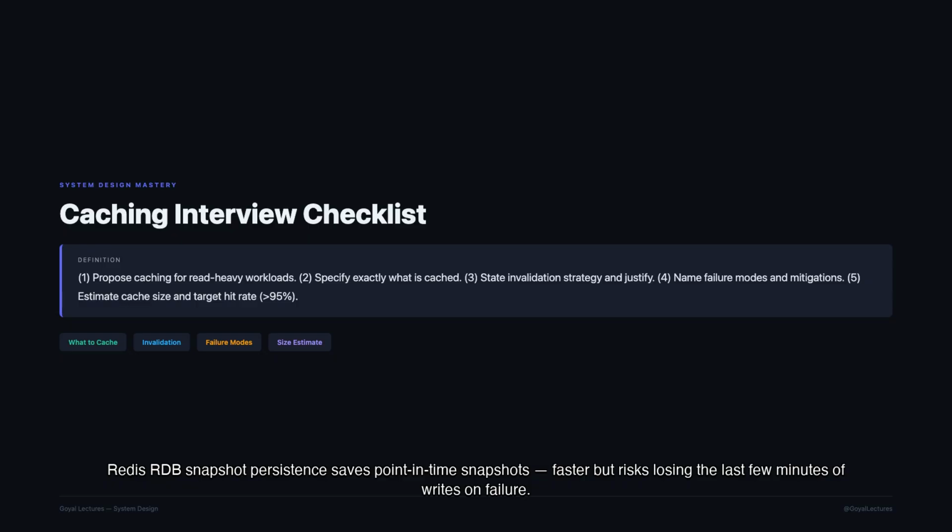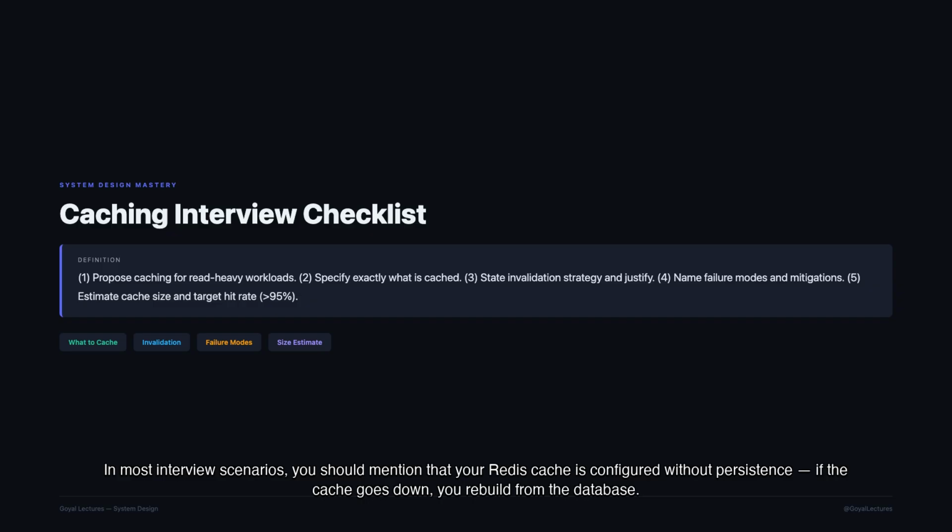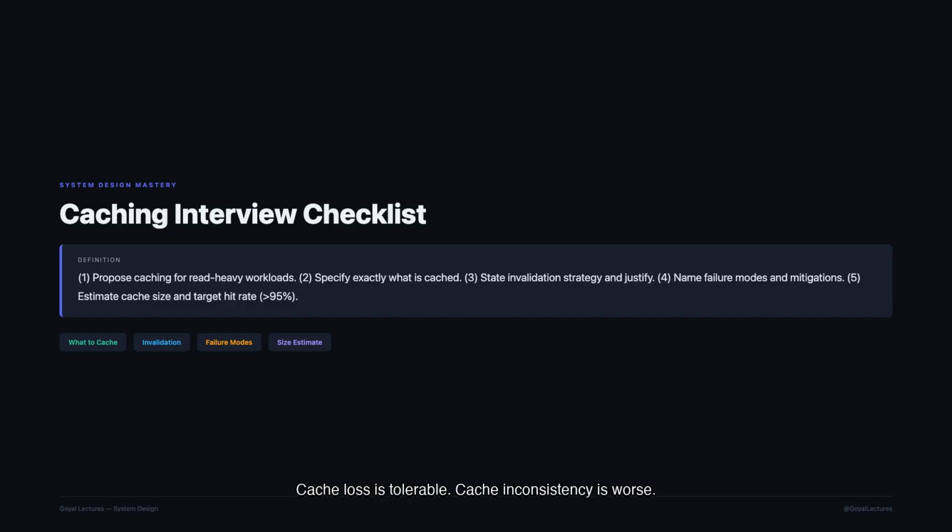Faster, but risks losing the last few minutes of writes on failure. In most interview scenarios, you should mention that your Redis cache is configured without persistence. If the cache goes down, you rebuild from the database. Cache loss is tolerable. Cache inconsistency is worse.